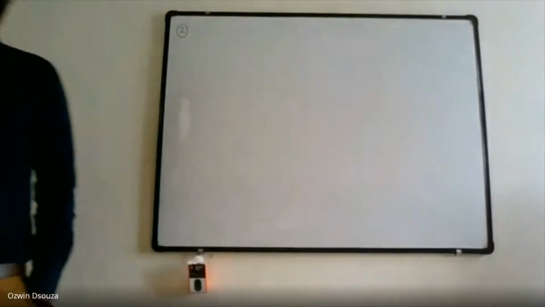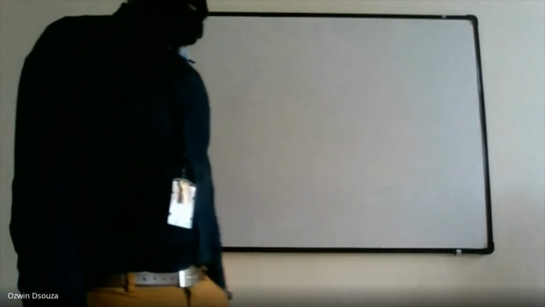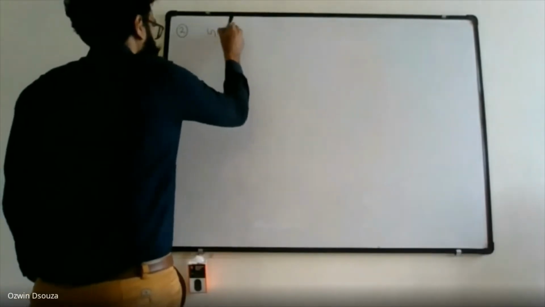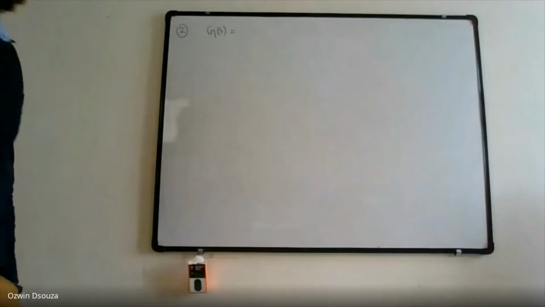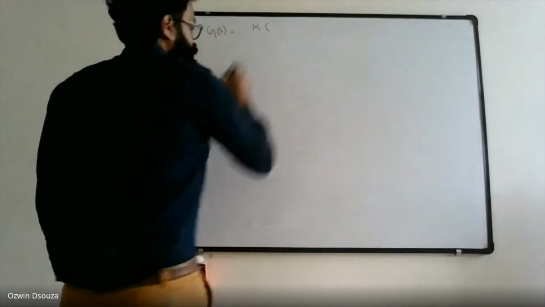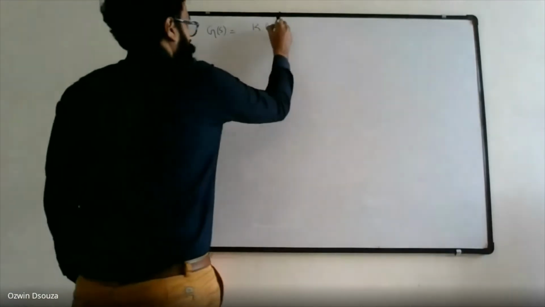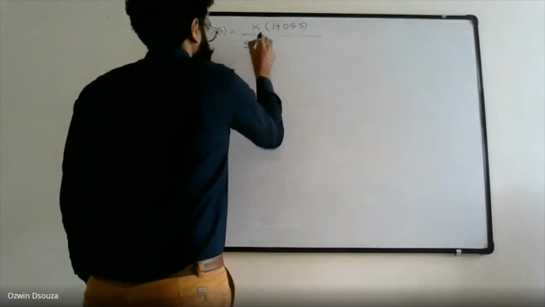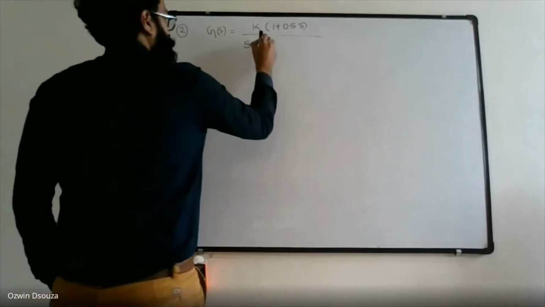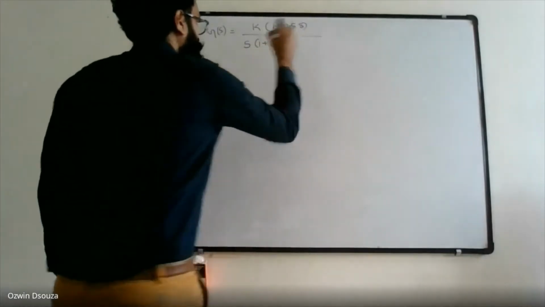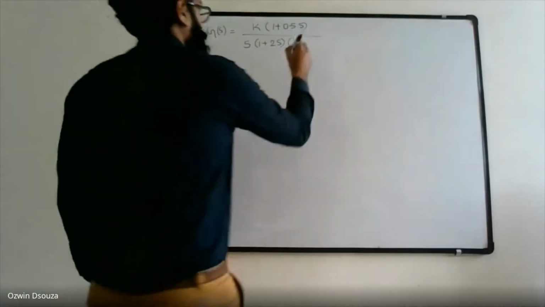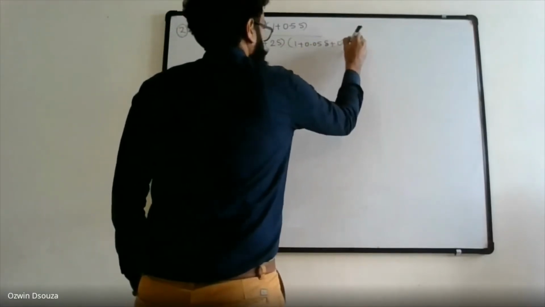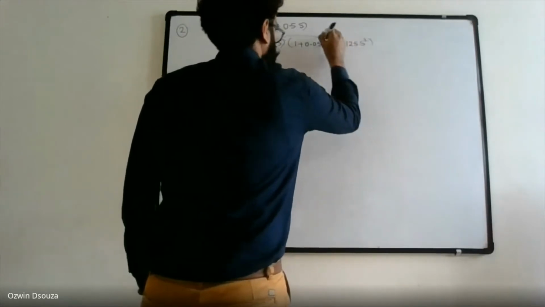In problem number 2, let me consider a quadratic factor. Let's say you have been given a unity feedback open loop transfer function, something like K into (1 plus 0.5s) divided by s into (1 plus 2s) into (1 plus 0.05s plus 0.125 s squared).